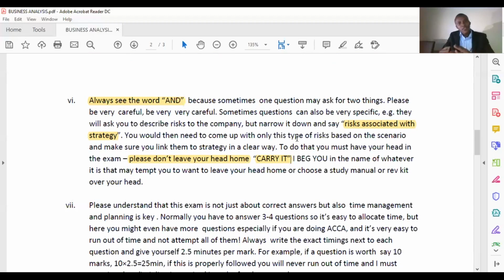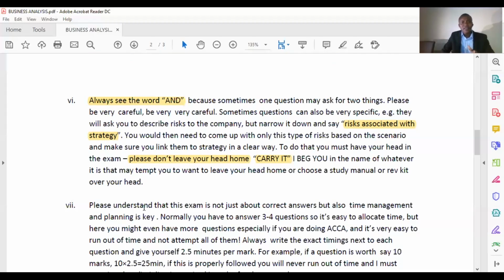Even if they gave you the manual and the revision kit to go in this exam, you still can't pass if you don't use common sense because there are no answers in the manual. They are only suggested ideas of what you are likely to do in a certain situation, which will always be unique in each exam. Please remember to carry your head as you go to this exam, and please be relaxed.